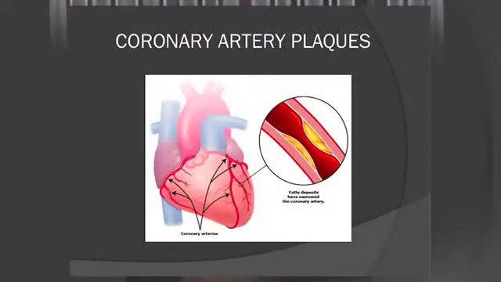Coming next to coronary artery plaques. This is where the test is primarily designed, to see inside the vessel. So looking at this coronary artery, what is a plaque? Plaque is the deposition of lipid, usually fatty content, in the wall of the vessel.